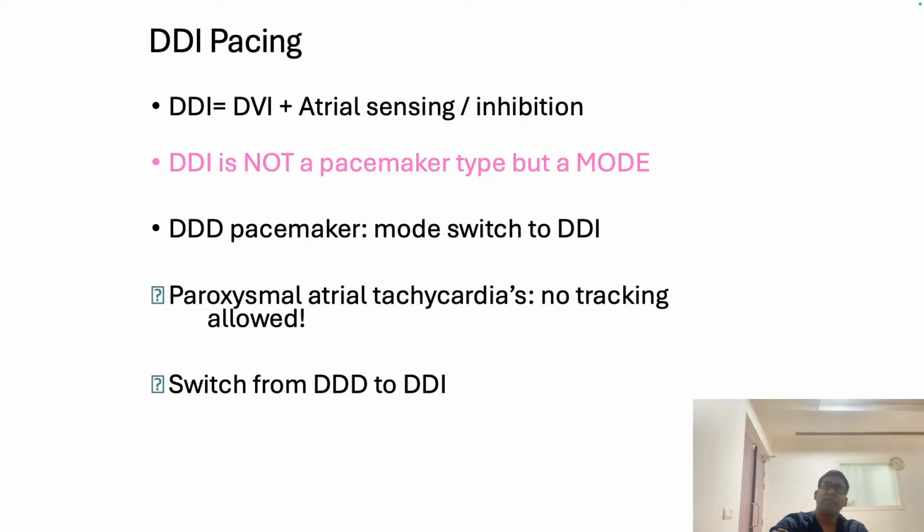So DDD, whenever we are saying pacemaker, it can be converted to DDI mode also, DDT also, VDD also, AAI also, and VVI also. So DDD is a mode, which means we can change the pacemaker. The pacemaker has two wires, which can be utilized as a single wire also, dual wire also, sensing also, pacing also.